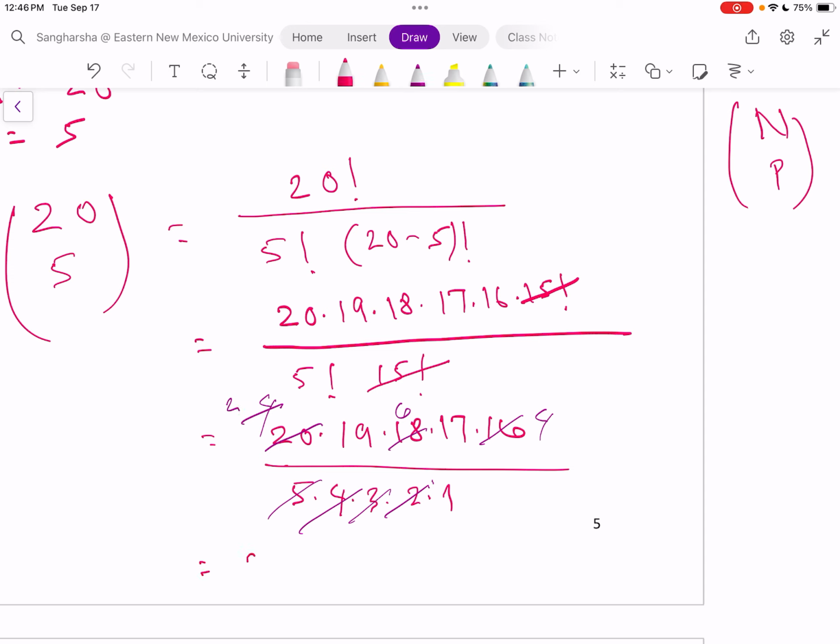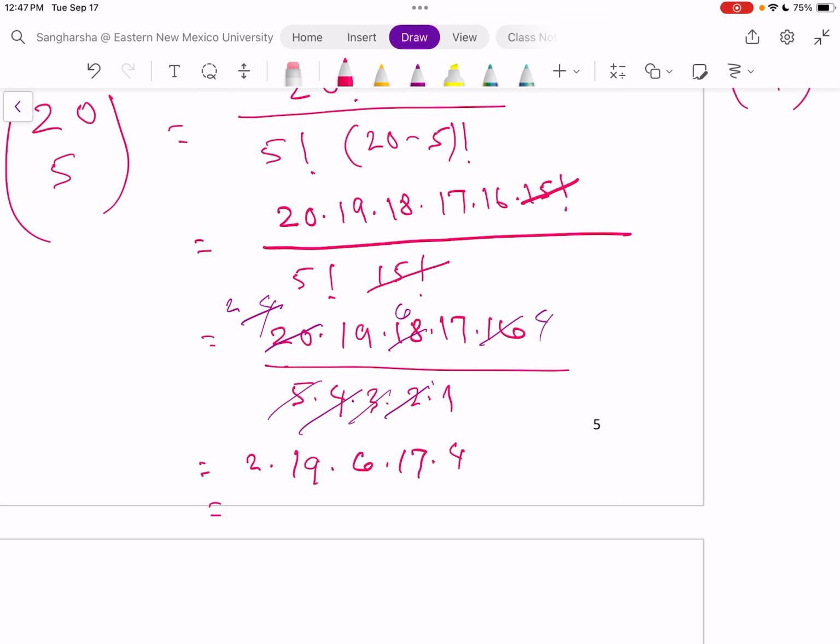So we have 2 times 19 times 6 times 17 times 4, which gives 15,504 different ways of selecting 5 movies from 20. So this is the number of ways we can select 5 movies from 20.